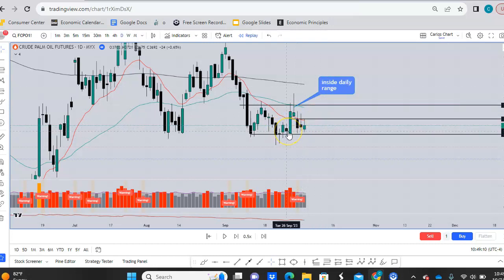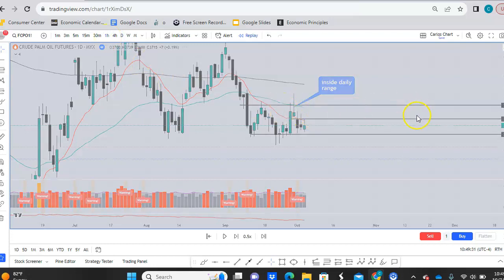So it can be done, but it's a little bit more difficult. You have to be a little bit more precise with your read on the volumes and the story, who's in control, who's not in control.